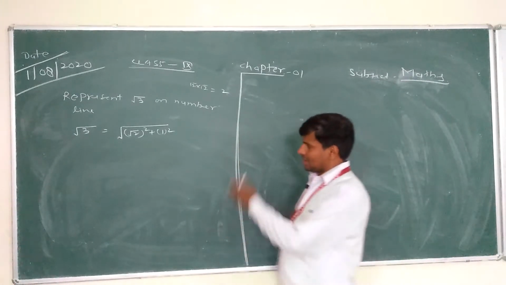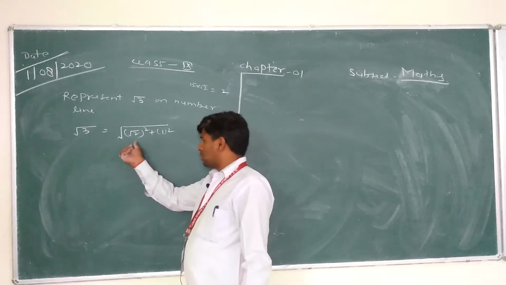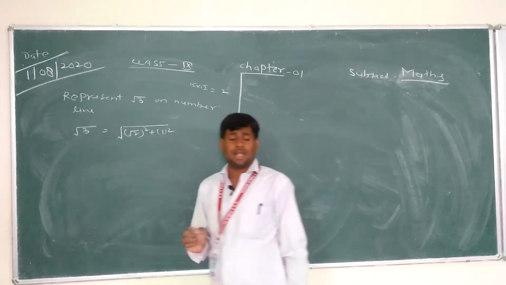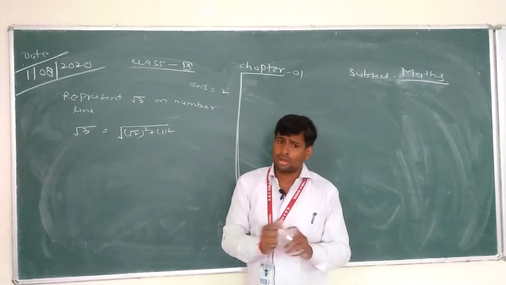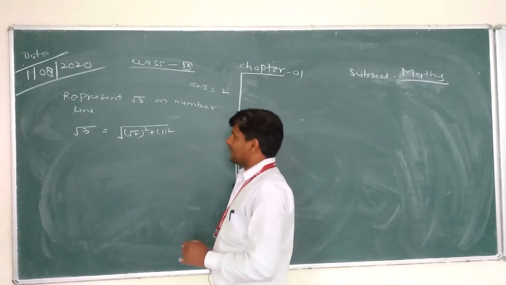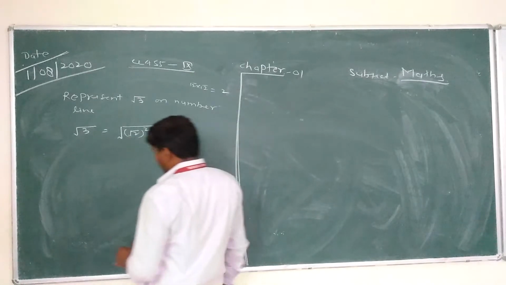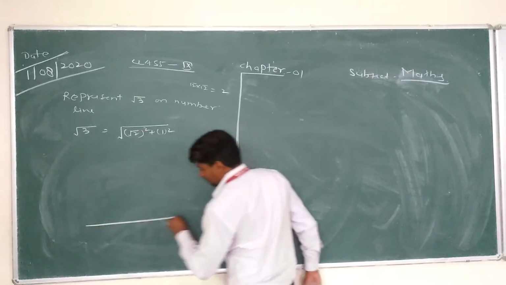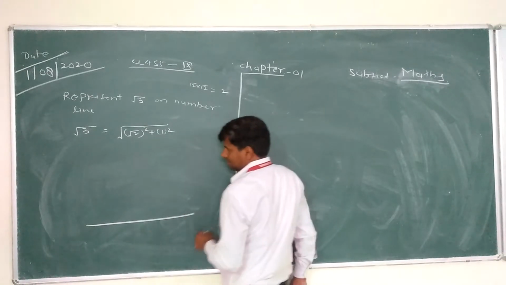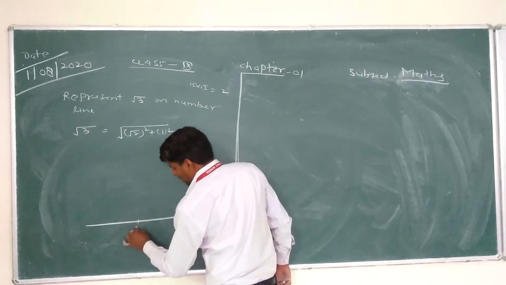That's clear? Then see. Students of class 9, you know how we represent root of 2, that we understood in the previous class. Then see, how can we represent it here? We can draw a straight line, same process.